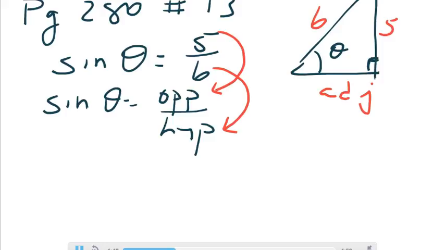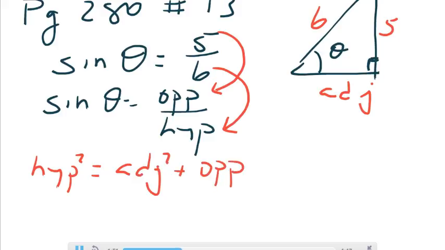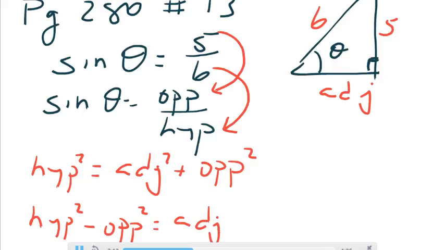But from the Pythagorean theorem, we know that the hypotenuse squared is equal to the adjacent side squared plus the opposite side squared. Or, solving that for the unknown adjacent, we have hypotenuse squared minus opposite squared is equal to the adjacent side squared.